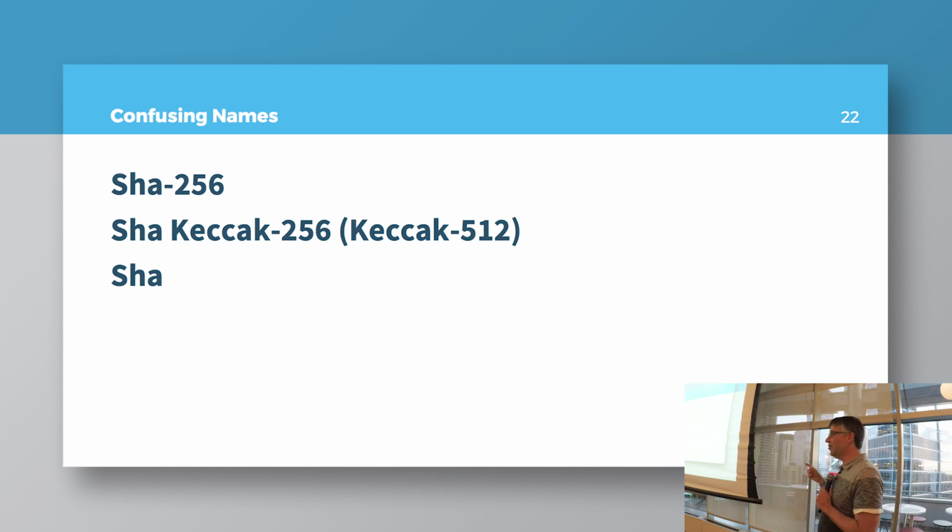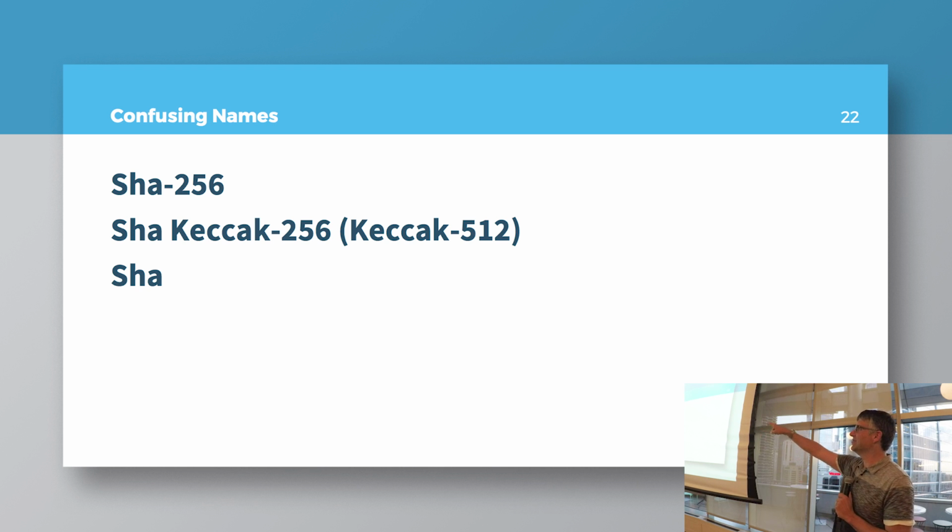And then what's really annoying is right after Ethereum was officially specified, the people that created SHA-3 made a minor change to the SHA-3 algorithm. So Ethereum doesn't actually use SHA-3 for its hashing. It uses a very slightly different version of SHA-3 called Keccak.